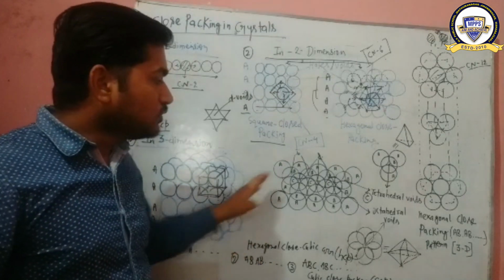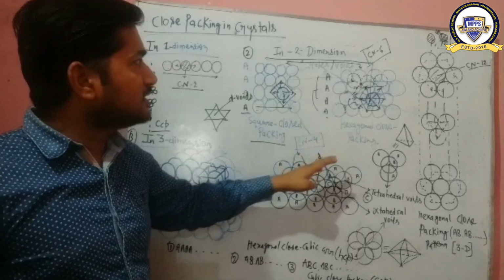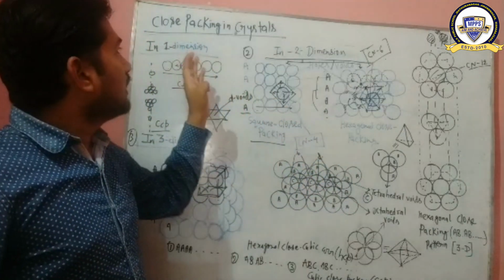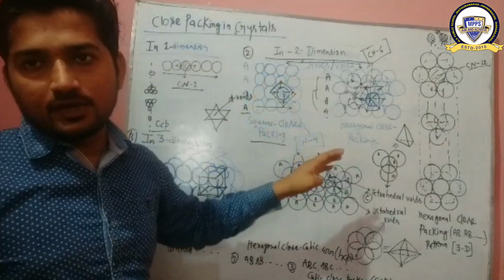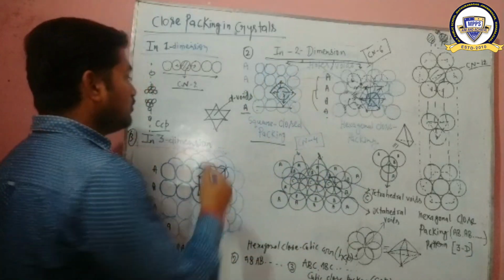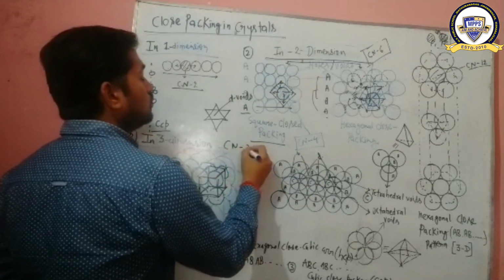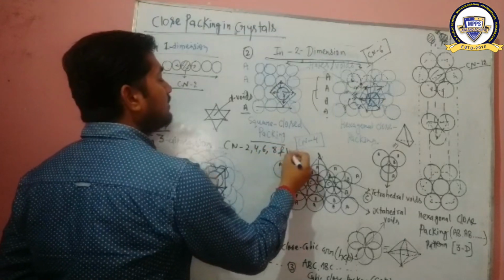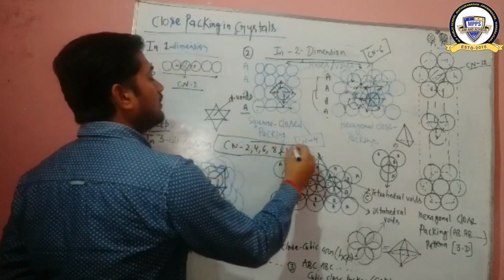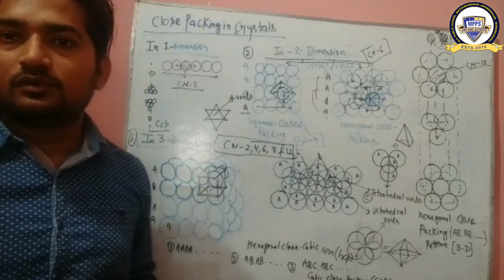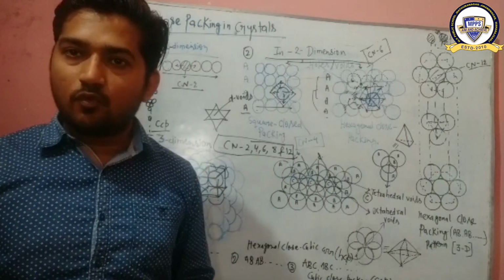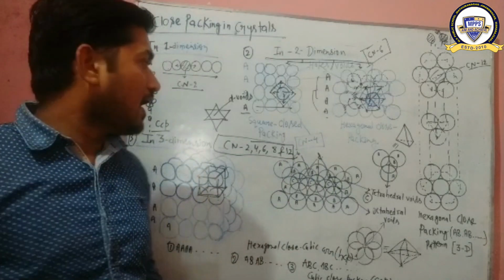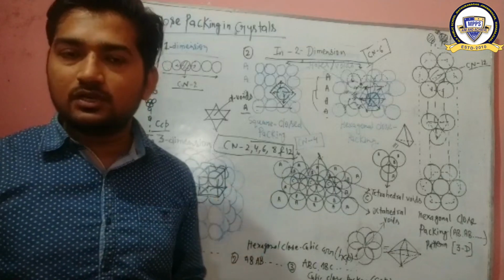So this type of packing you get, in 1 dimension, 2 dimensions and 3 dimensions. They show mostly coordination numbers 2, 4, 6, 8 and 12.